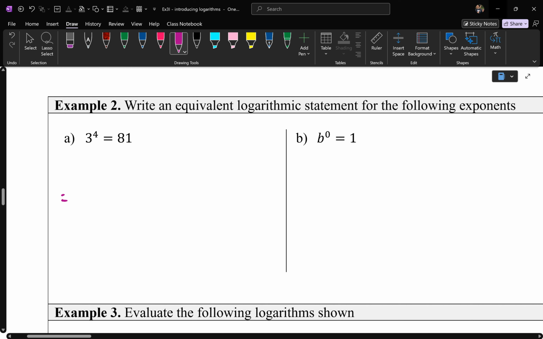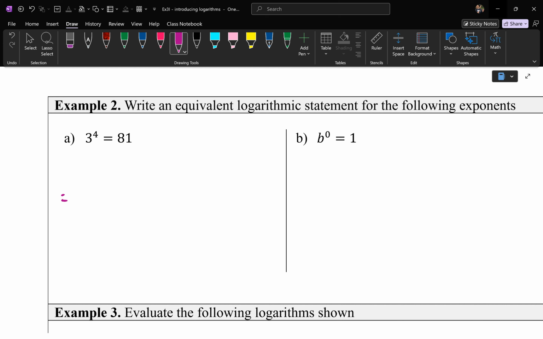Same idea. So you can do the conversion, or you can do what I just taught you. We know that 3 to the power 4 equals 81. So if you want to change it to log, get rid of that base 3. That's an exponent base 3. So what you need to do is log base 3 on the left, log base 3 on the right. On the left, I've got 3 to the power 4.